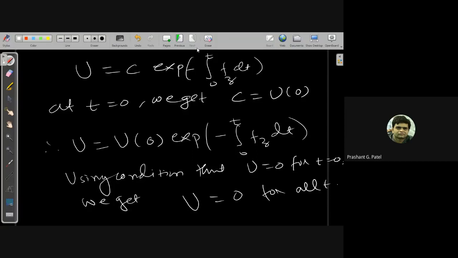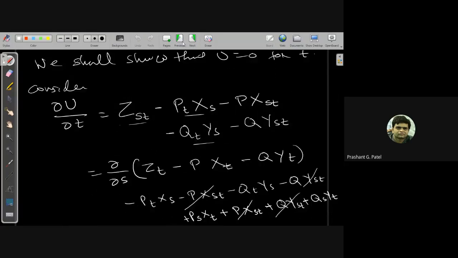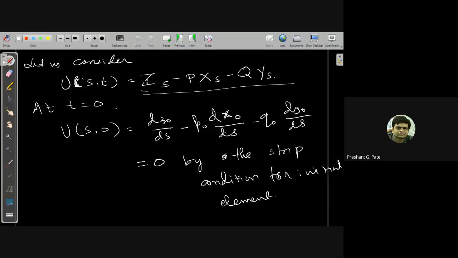And the value of u is this zx, so this is equal to 0. Since this is equal to 0, we will have zs equal to p xs plus q ys.